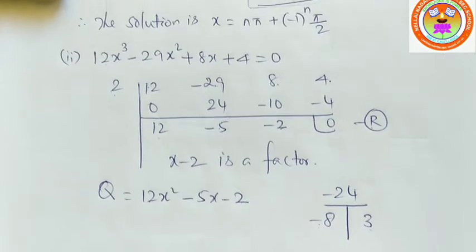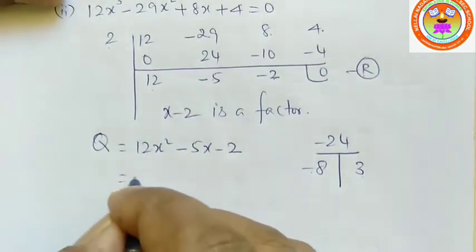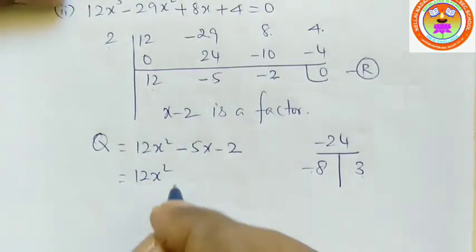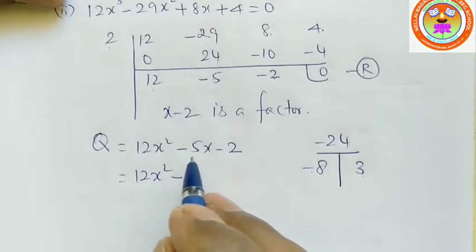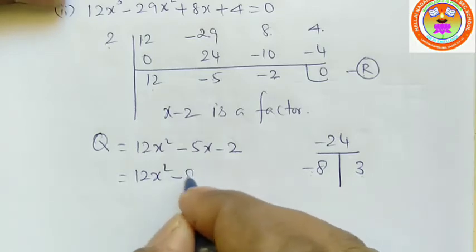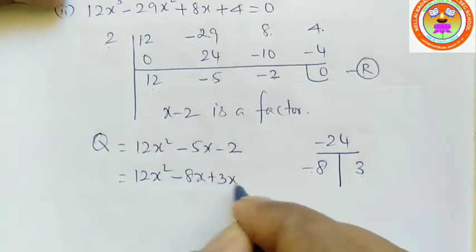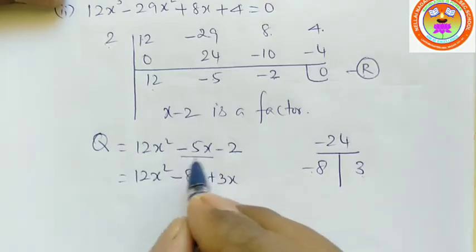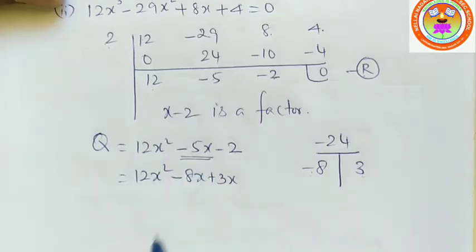So we can factorize this by writing 12x square minus 5x as minus 8x plus 3x. So we can split this middle term into 2. This minus 5x is split into 3x minus 8x, minus 2.